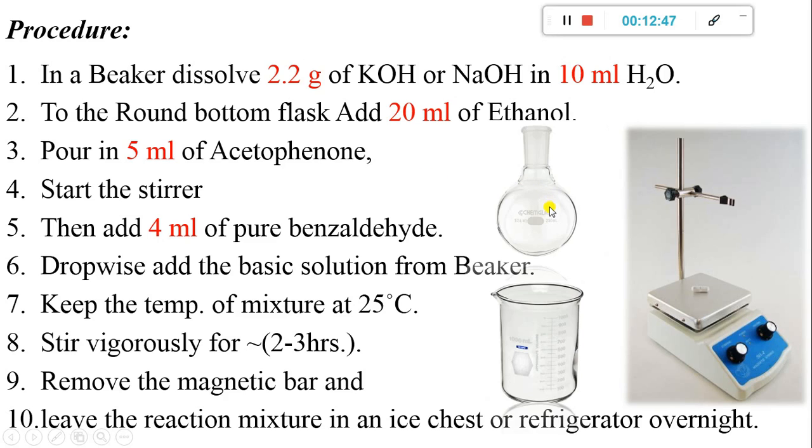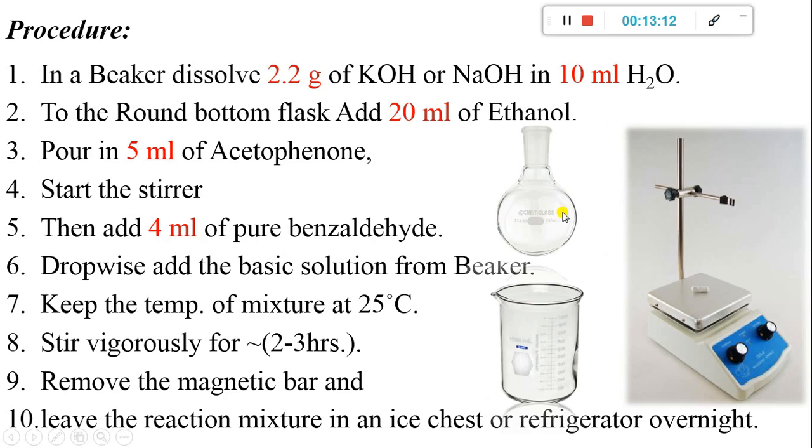Round bottom flask, beaker, magnetic stirrer. Put the magnetic stirrer in the round bottom flask. Add to this round bottom flask 20 ml of ethanol and 5 ml of acetophenone. Start stirring. Then add 4 ml of pure benzaldehyde.